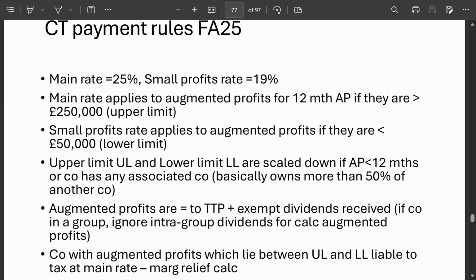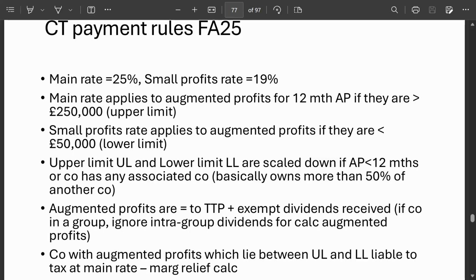So what I had talked about is these two profit rates, 1925. You don't have to memorize them. They are in the tax tables, and these numbers are also in the tax tables, the UL and LL. What you really need to remember is the marginal relief formula.